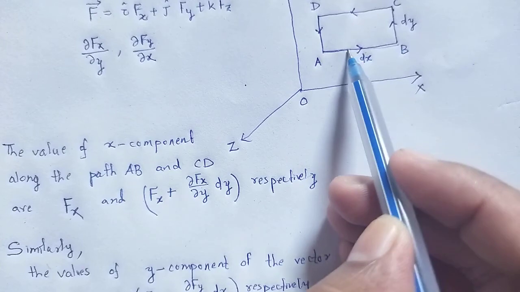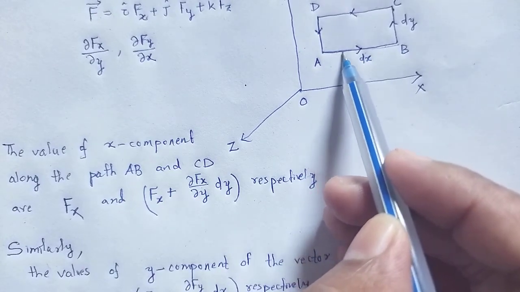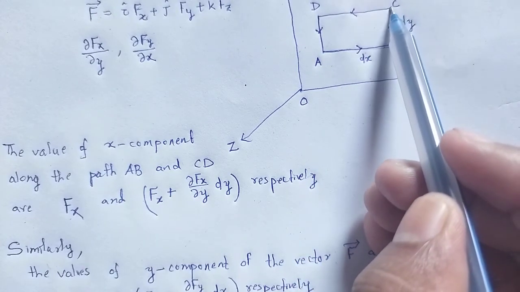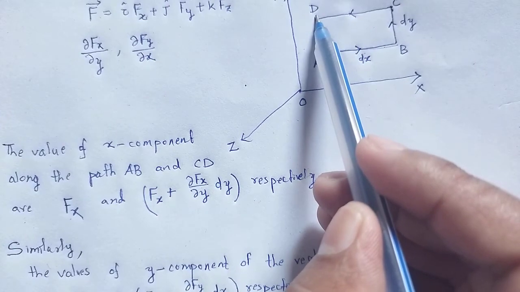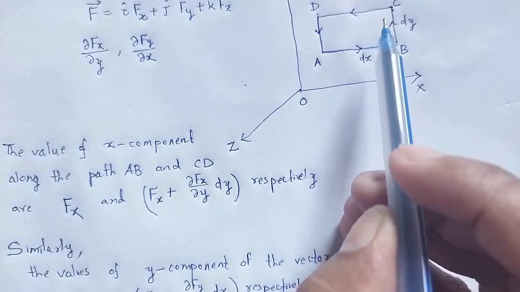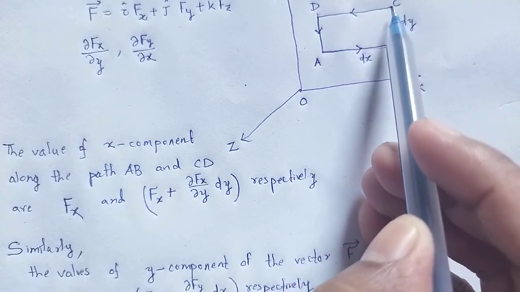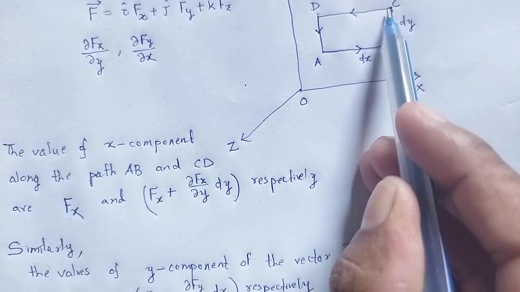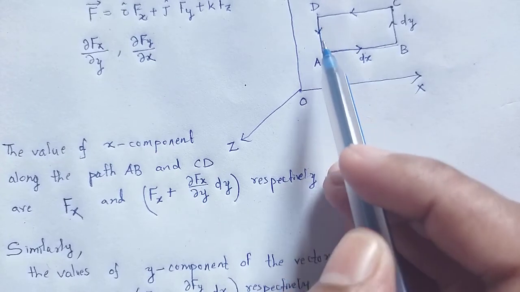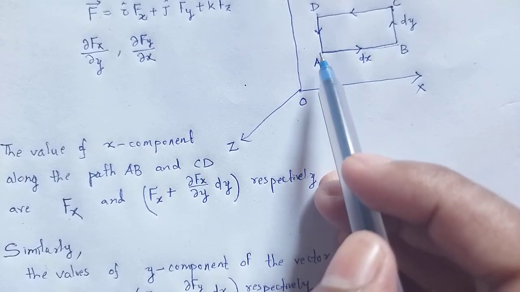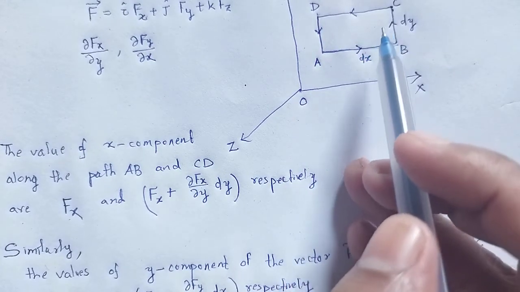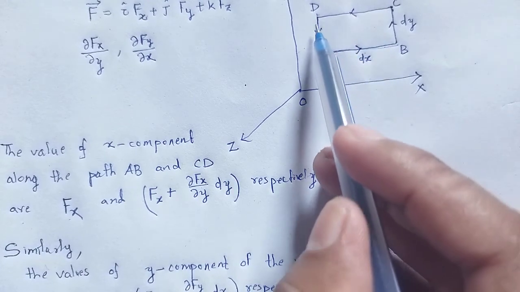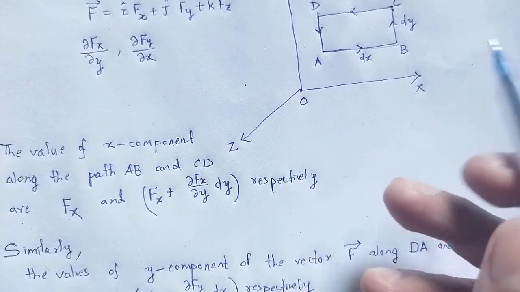The AB direction is opposite to that of CD. For that reason we introduce a negative sign in the case of CD, and BC is also opposite to DA. That's why we also introduce a negative sign for that part of the line integral path.